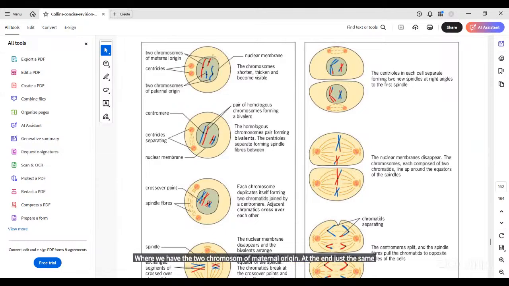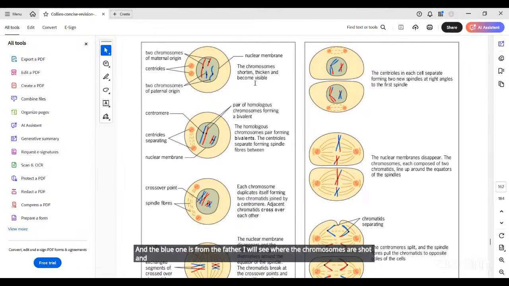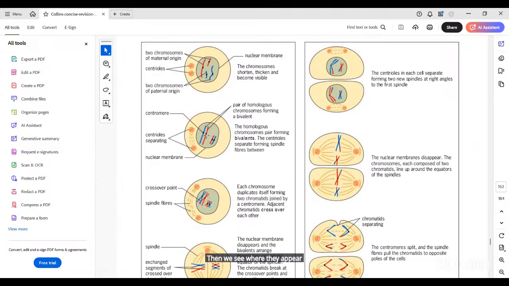The nuclear membrane is right here, and we see there are two chromosomes of paternal origin. The red one is from the mother and the blue one is from the father. We see where the chromosomes are shortened and thickened and become visible. Then we see where they pair together. The long one is paired and the short one is paired.